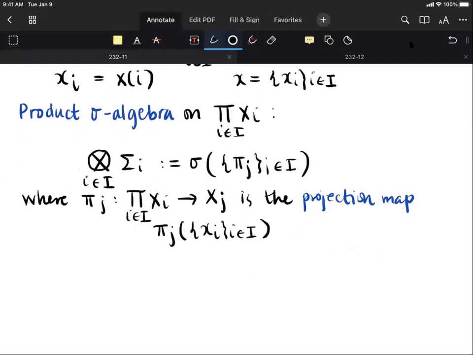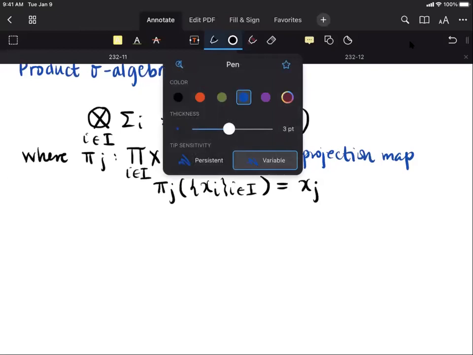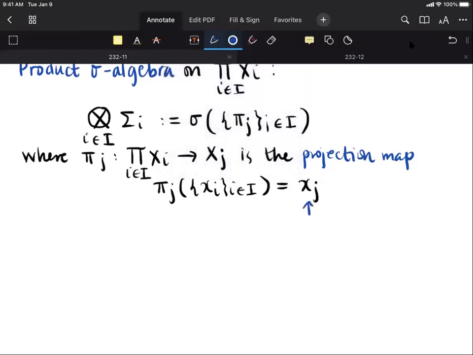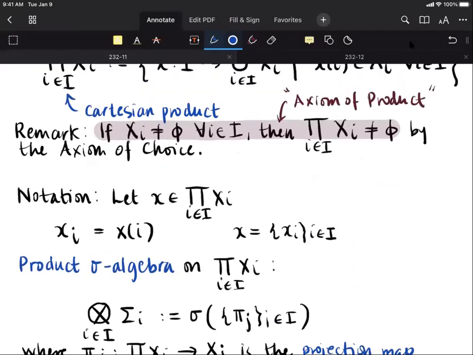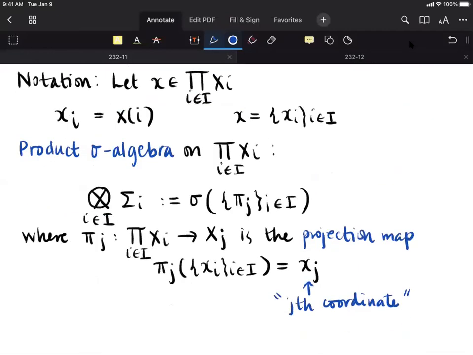This maps to the jth coordinate. So according to the definition here, x sub j is an element of capital X sub j.